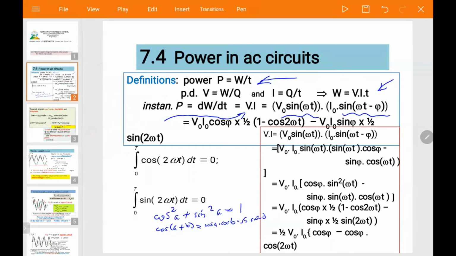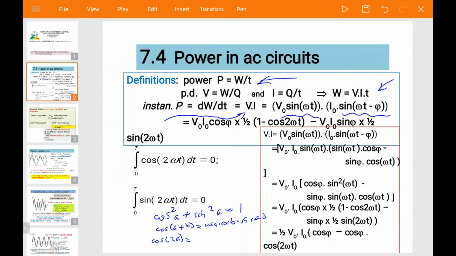Then what do I get? I get cos of 2A. Cos of 2A gives you cos squared A, and it gives you minus sine squared A. In the place of B, you write down A. So cos of 2A is cos squared A minus sine squared A.